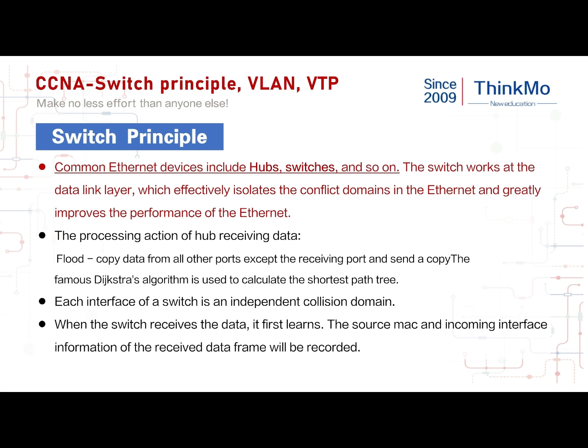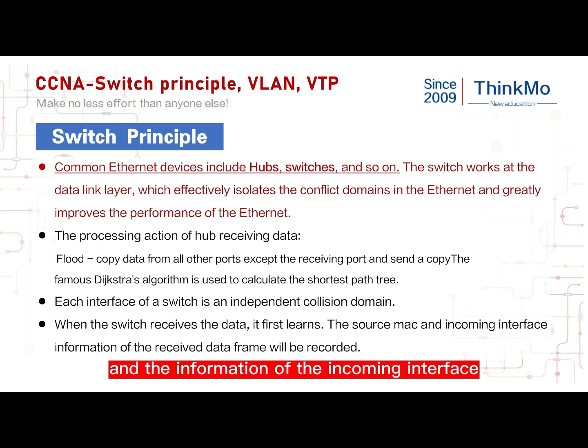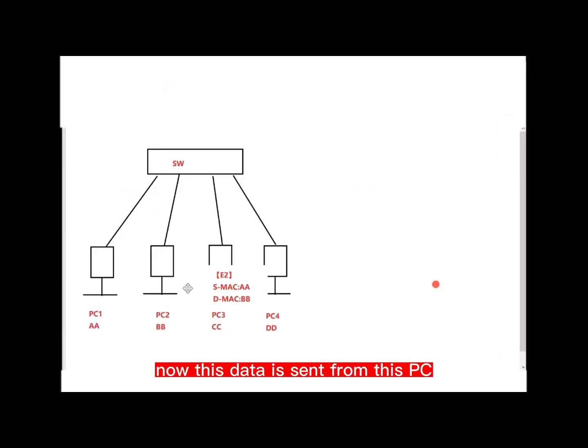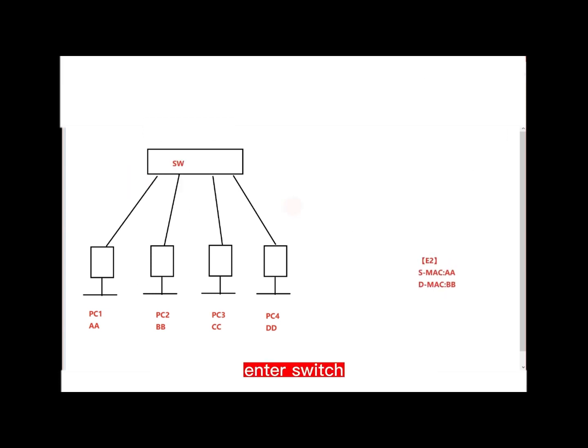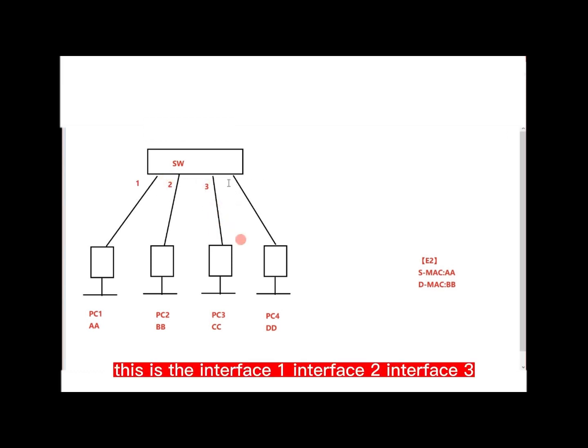That is, the switch will record the source MAC of the received data frame and the information of the incoming interface. Now this data is sent from this PC. Enter switch. The interface of the switch itself is numbered. For example, this is interface 1, interface 2, interface 3, interface 4 of the switch.